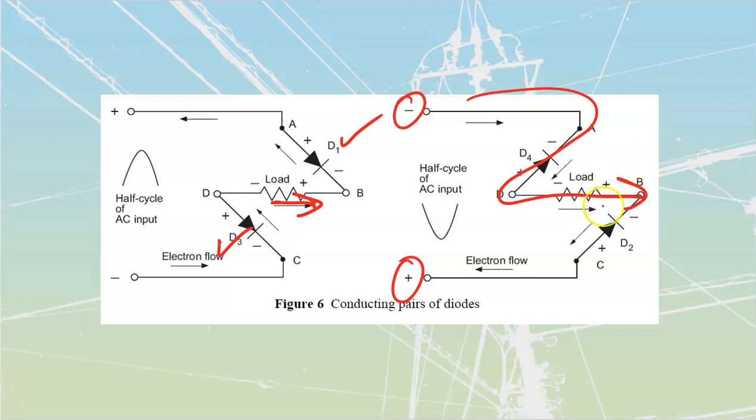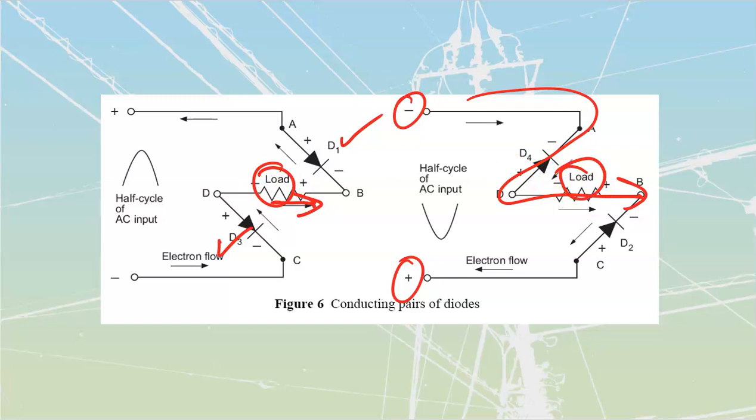So I'm going to, once again, carry the current through in the same direction. This is how we deal with full wave rectification. Full wave rectification is just us taking the current and, through tricky connections, forcing it through the load, whatever that load is going to be, always in the same direction.